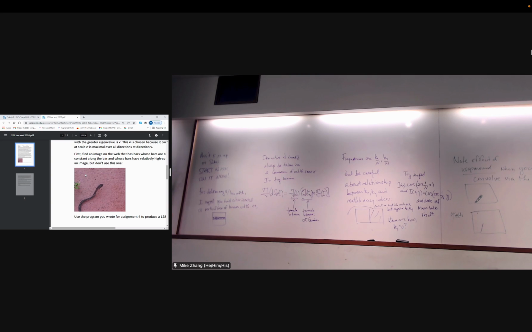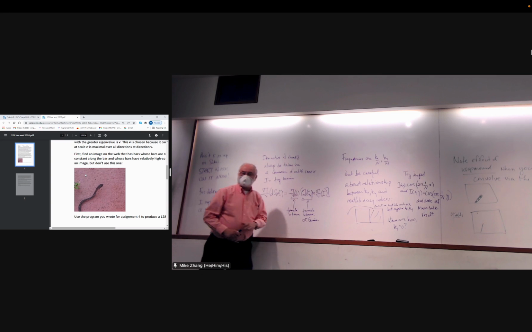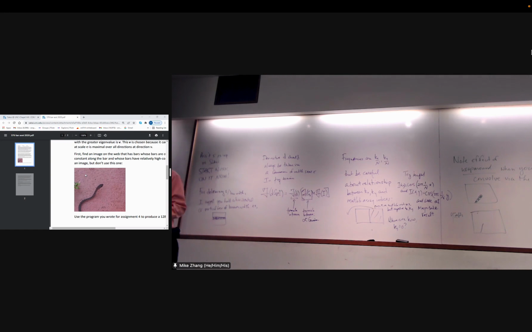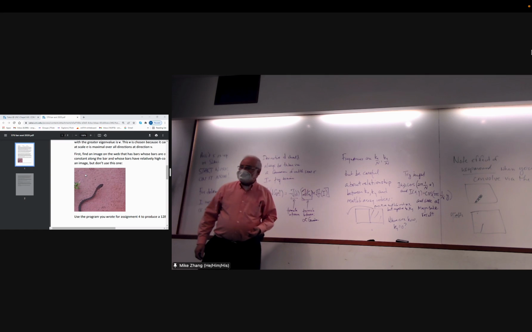It's in this. And then you need to multiply it in the frequency domain by the Fourier transform of the Gaussian. But the Fourier transform of a Gaussian is something you know from the formula, right? You don't need to apply DFT to get it. You know what this is from the formula.